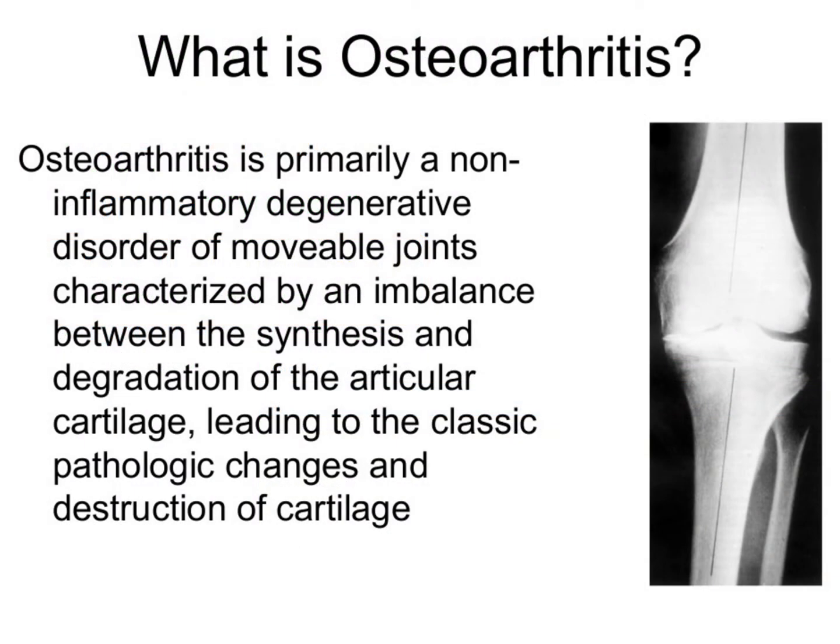Our final condition in this lecture is osteoarthritis, which is considered a non-inflammatory degenerative disorder. That's not to say that inflammation isn't involved, it's just not as prevalent and overwhelming as we see in other disorders like rheumatoid arthritis. There seems to be a more nuanced imbalance between synthesis and degradation of the extracellular matrix in the cartilage, the spongy extracellular matrix.